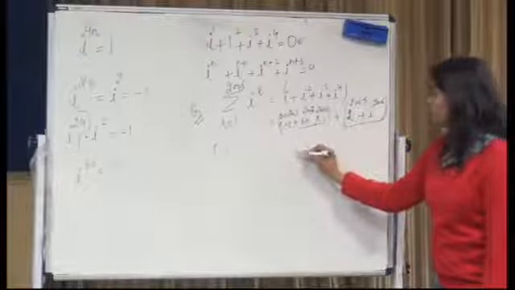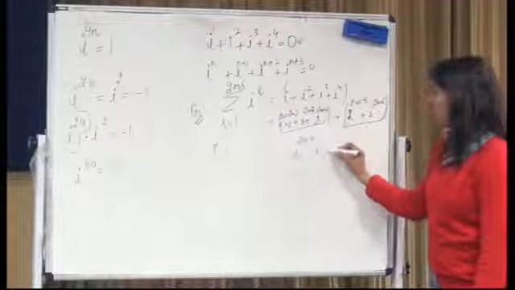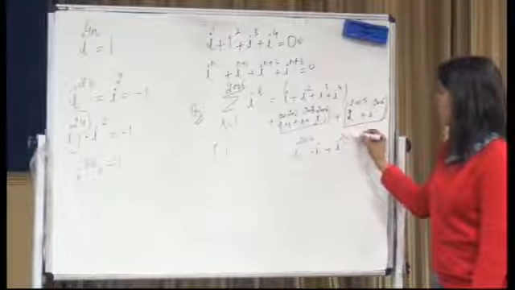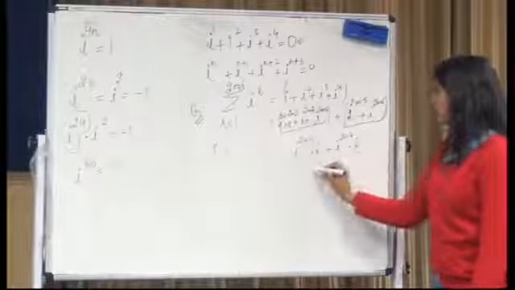So iota to the power 2005 you can write as 4 times 501 plus 1, which is iota, and iota 2006 you break as square, which is -1. So this is iota minus 1.